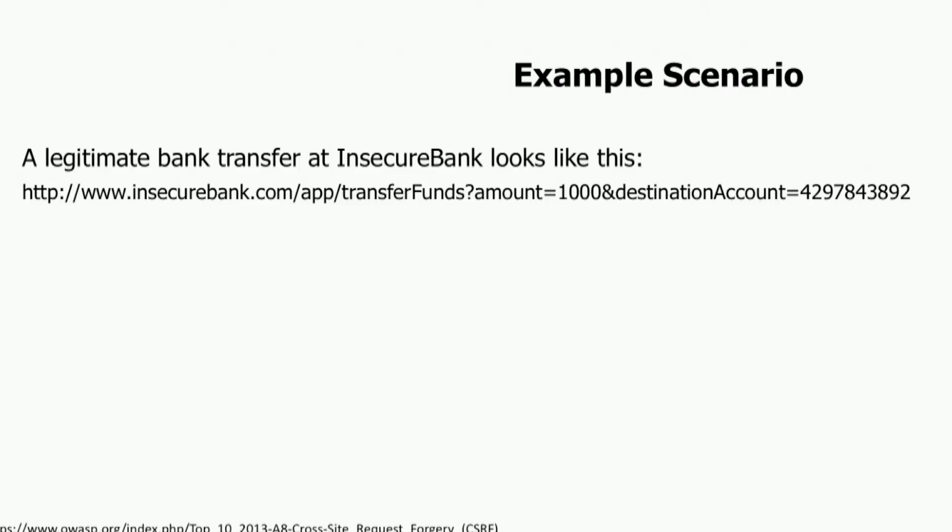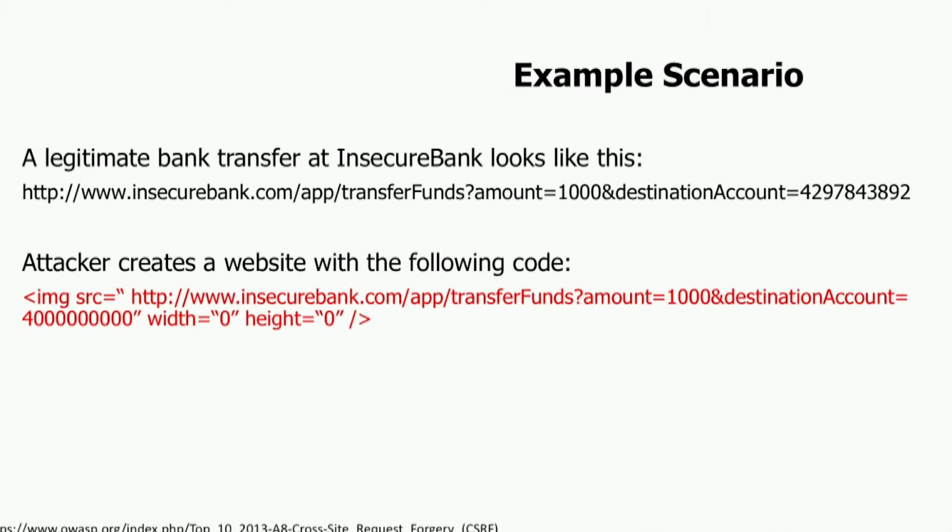Here's an example. Just say that here's a bank, and you can look at the URL and study it. Like on your own account, you can see, okay, when I'm logged in, this is what the URL looks like. And in order to launch a cross-site request forgery attack, what this is actually is some HTML that is embedded with an image, and in the image, it is sending you to this insecure bank website, where you are already logged in, and it is going to your account.